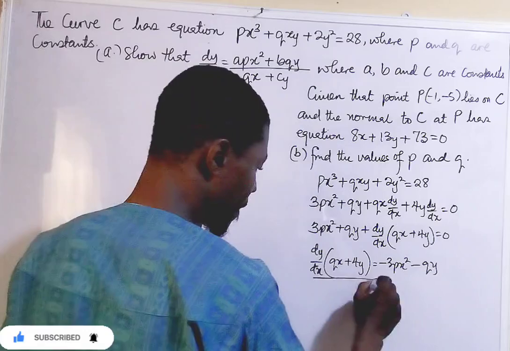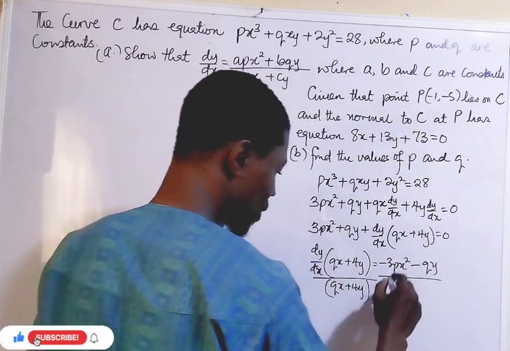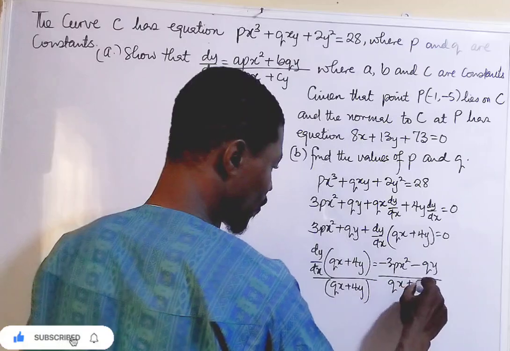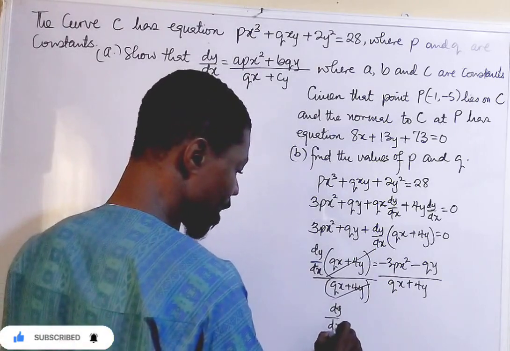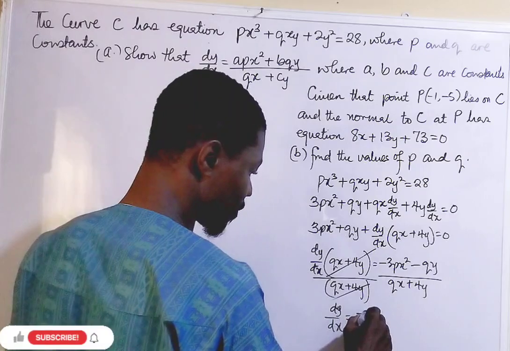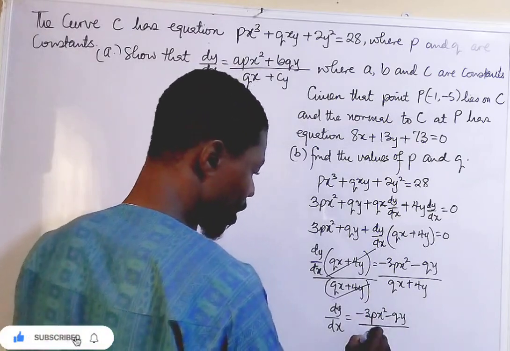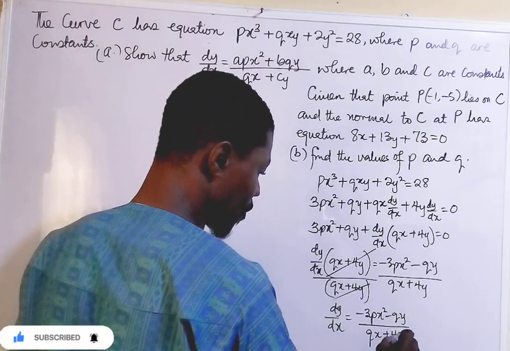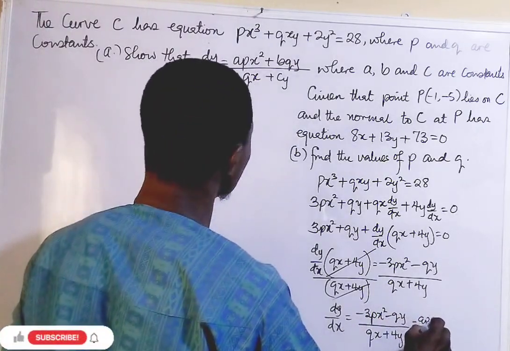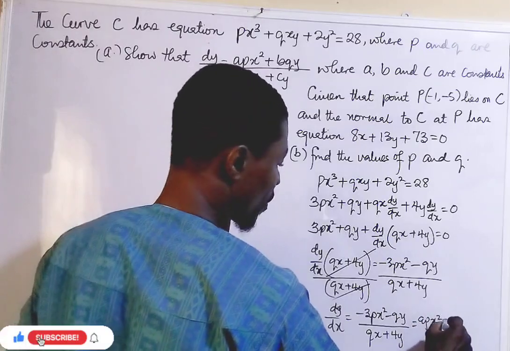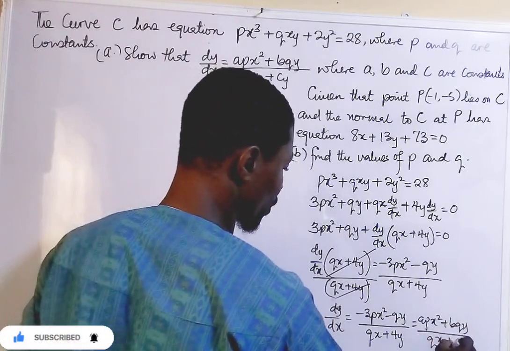Now dividing both sides by qx plus 4y, we have dy/dx equals negative (3px squared minus qy) all over (qx plus 4y), which is the same as saying (apx squared plus bqy) all over (qx plus cy).